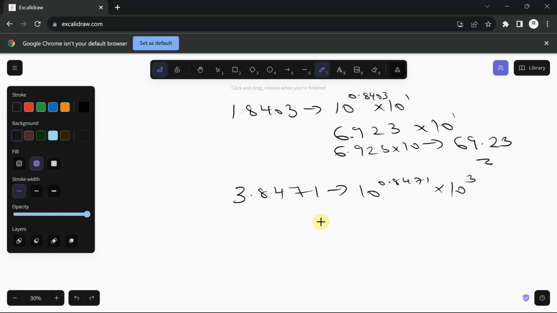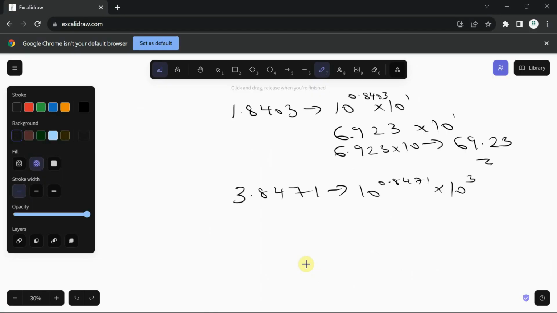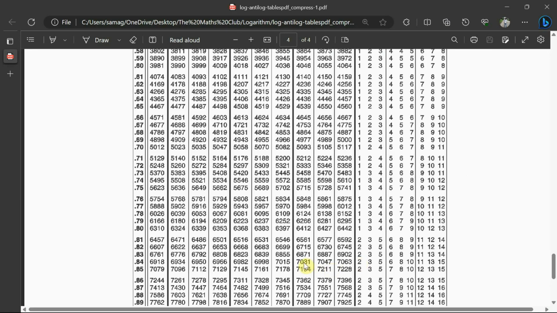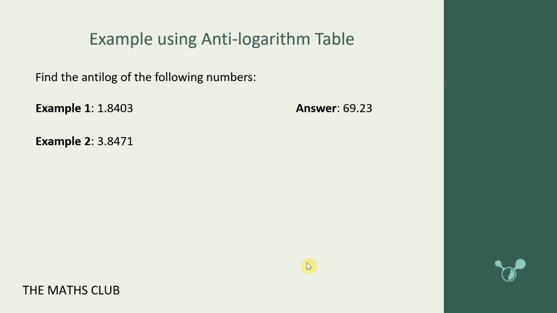We go to 0.84 under 7 difference 1 on our Antilog table. 0.84 under 7 is 7031, and difference 1 gives us 7031 plus 2, which is 7033. That would be 7.033 times 10 to the power of 3, which is 1000. By the time you multiply this by 1000, you have 7033. Let's see if our answer is correct.